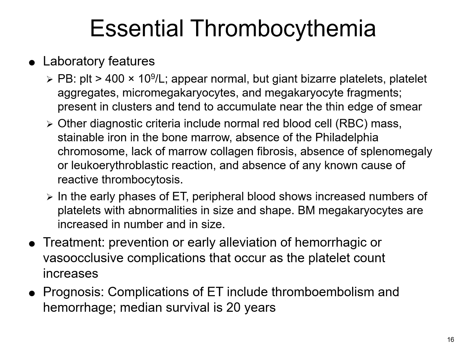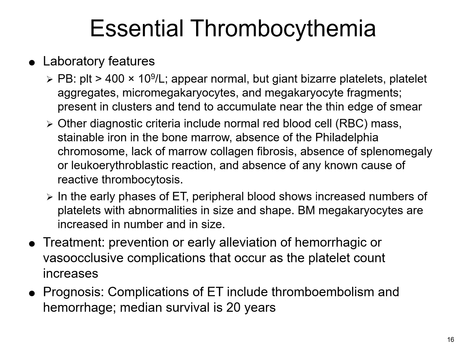Other diagnostic criteria would include normal red blood cell mass, stainable iron in the bone marrow, absence of the Philadelphia chromosome, the lack of marrow collagen fibrosis, absence of splenomegaly and leukoerythroblastic reaction, and the absence of any other known cause of reactive thrombocytosis. So basically, it's a process of ruling out everything else.